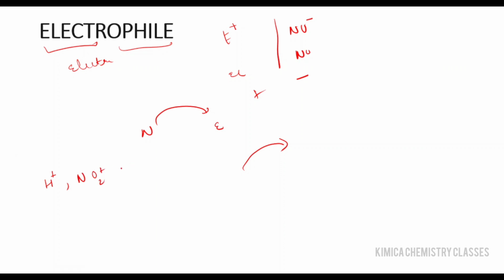You can see they all have a positive charge because they are all electrophiles. Nucleophile is what loves the nucleus and donates a pair of electrons, and it carries a negative charge. Whereas electrophile means electron loving. It accepts a pair of electrons and usually carries a positive charge or is electron deficient.